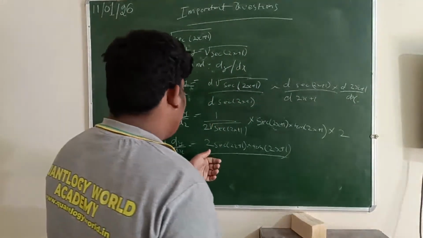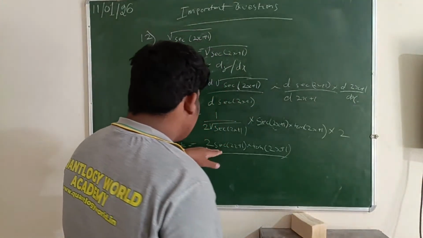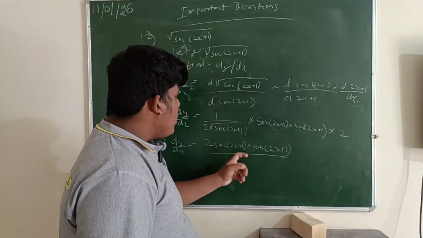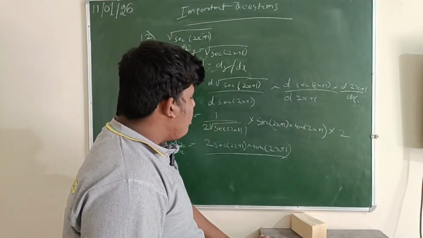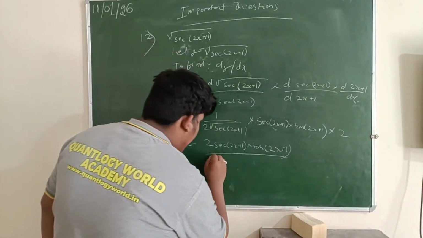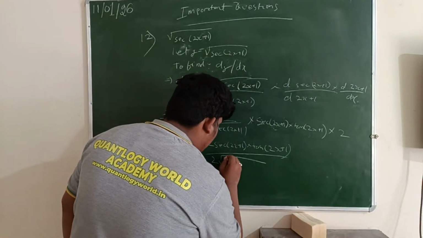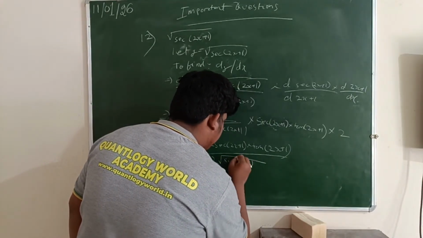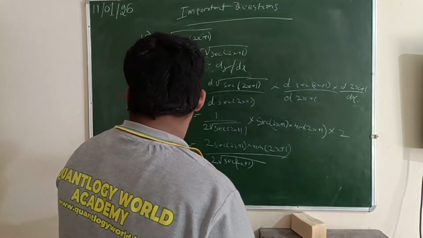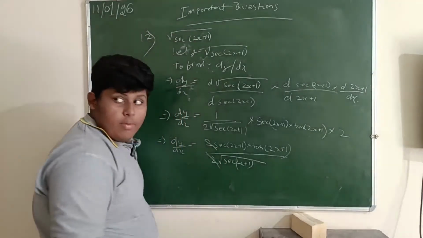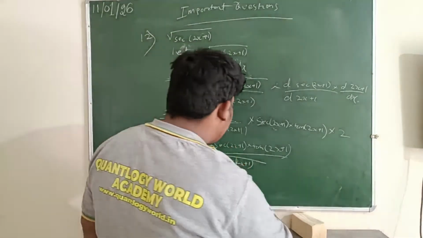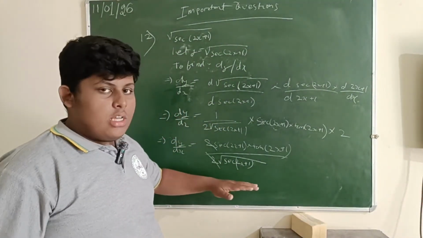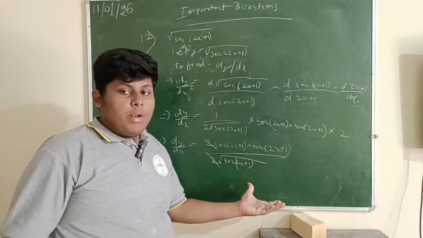So the numerator part is dy by dx equals 2 sec 2x plus 1 into tan 2x plus 1 by 2 root over of sec 2x plus 1. Here we can cancel 2 by 2. And another important step: this is not the final answer, we have simplified, but we'll simplify more.